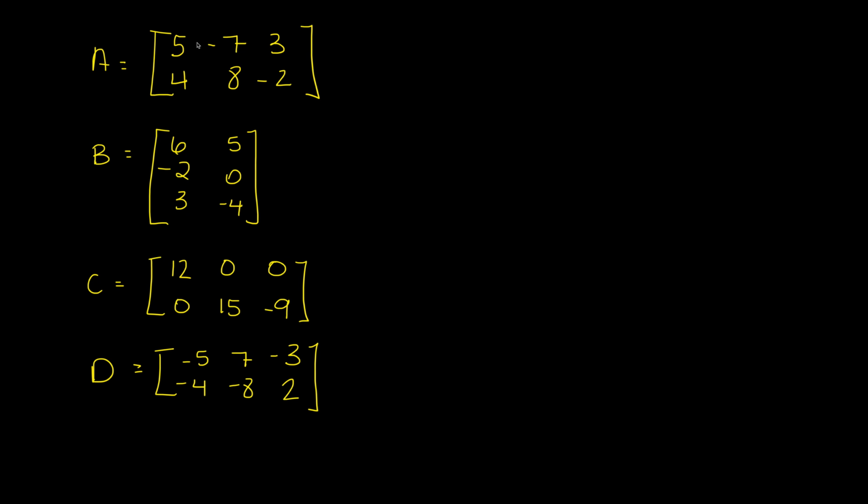If I look at A and B, A is a 2 by 3, so 2 rows by 3 columns, and B is a 3 by 2, so 3 rows by 2 columns.